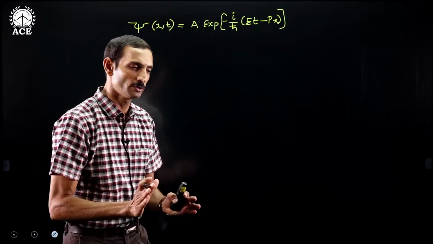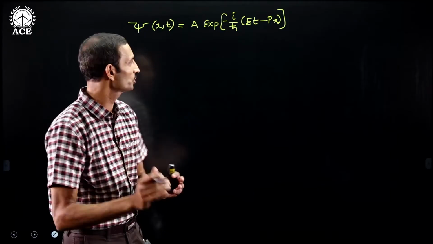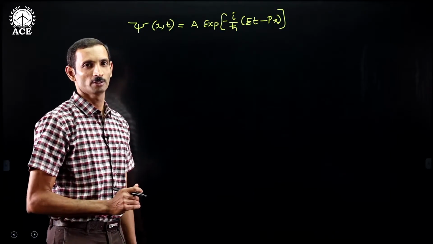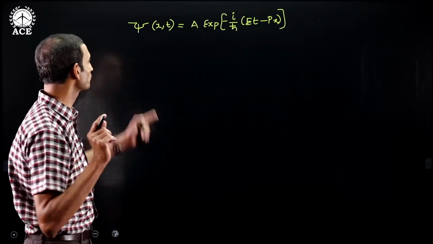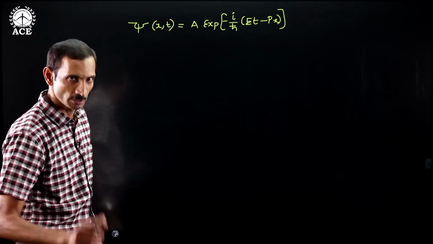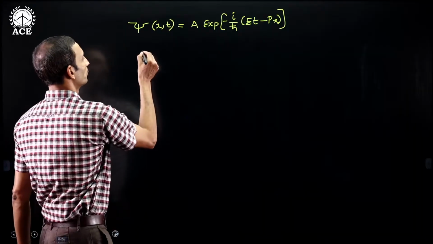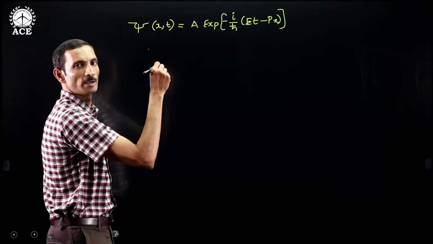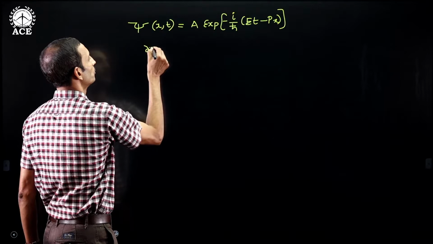If at all we have to have the particle's motion under certain restrictions, we need to have a differential equation. Differential equation of psi.